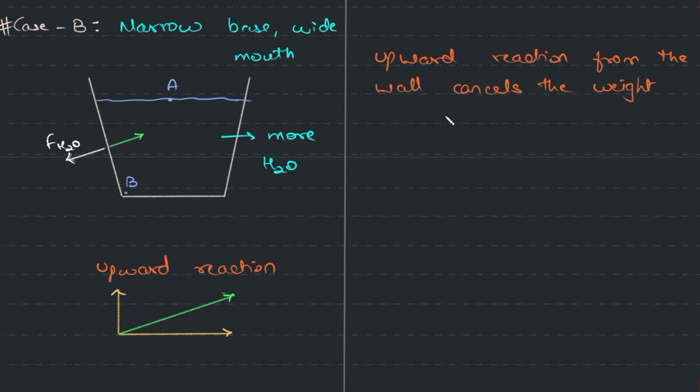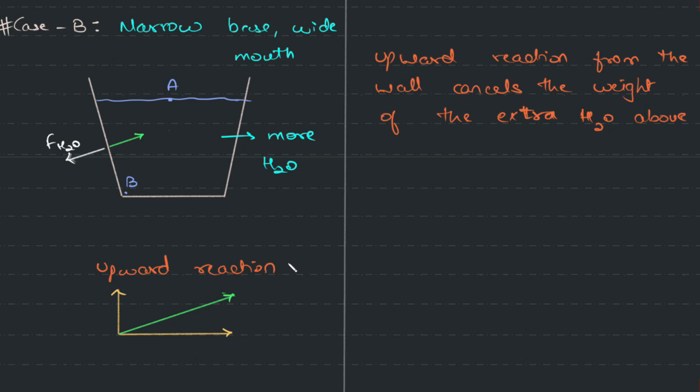cancels the weight of the extra water above. Again, all this is a very simple set of explanation, but yeah, somewhere we are starting off. Okay, so it cancels out the extra water above.